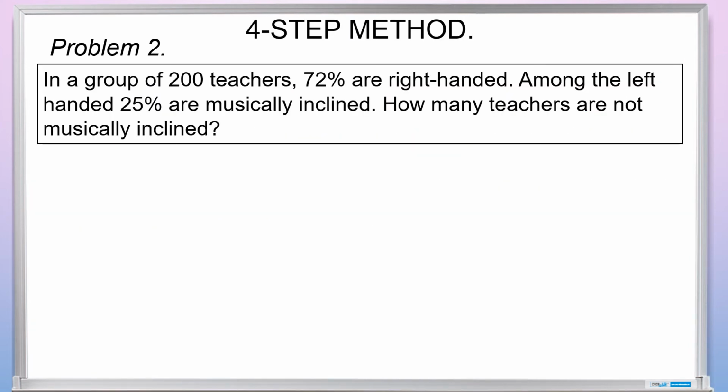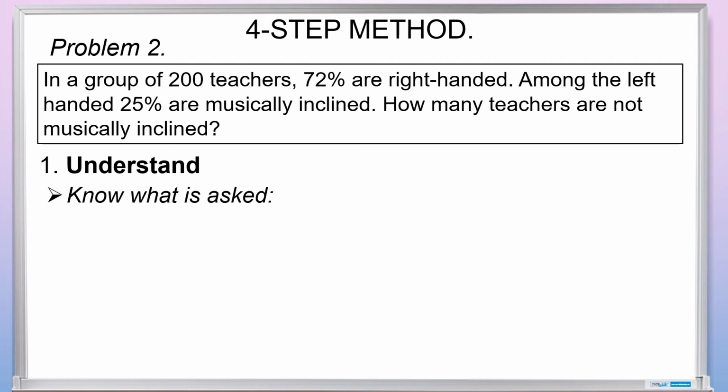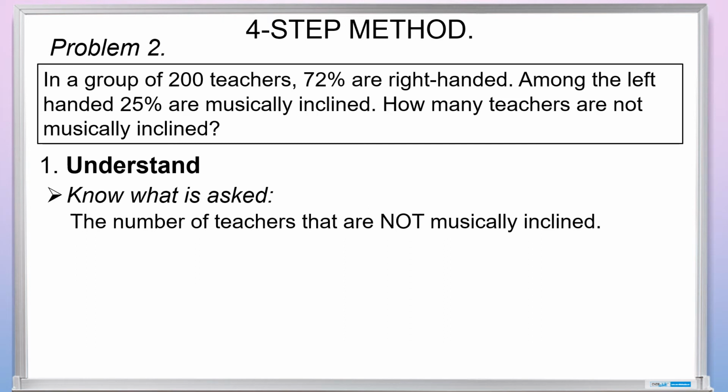Now let us answer problem number 2 by applying the four-step method. First is understand. To understand, we have to know what is asked or what is unknown. In this problem, the number of teachers that are not musically inclined is the unknown or what is asked.